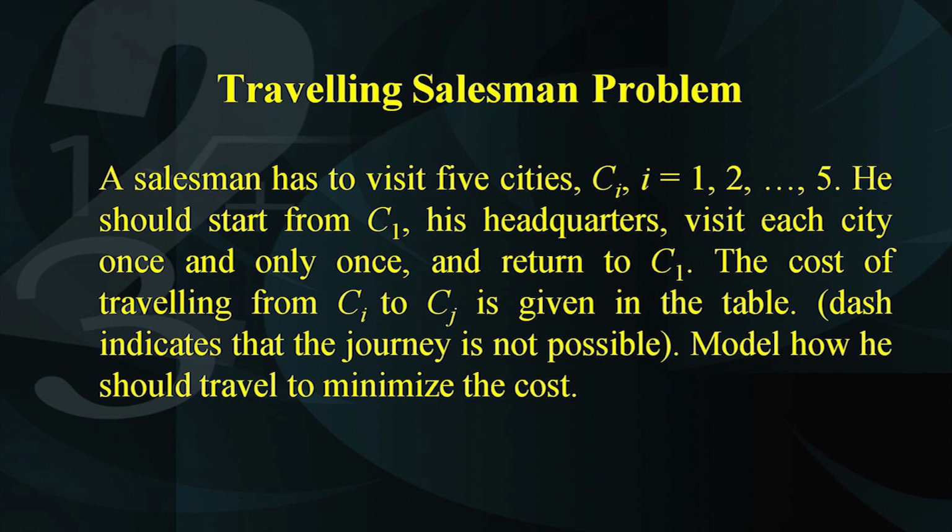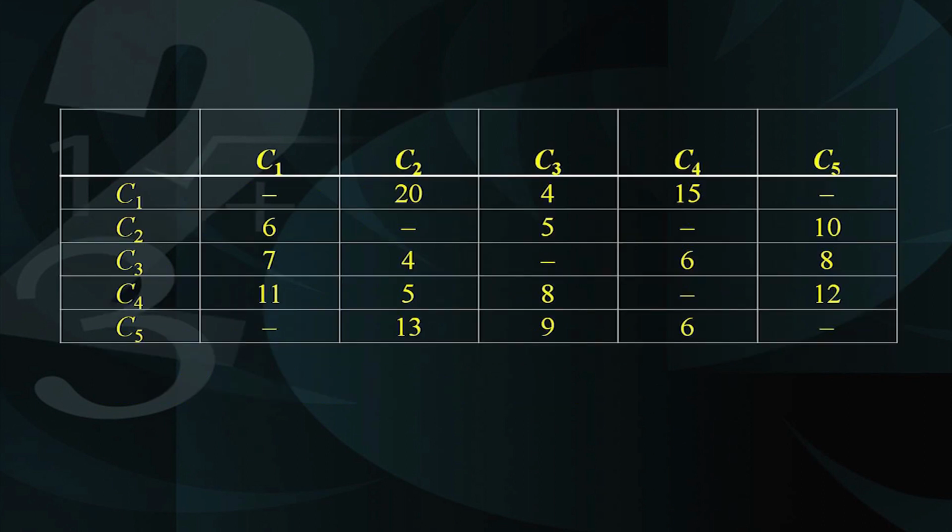Now, the cost of travelling from city Ci to city Cj is given to us. This is given in terms of, let us say, rupees or some units. The journey that he has to perform should be in such a way that the cost of travelling to each of the cities and returning back to the first city should be minimum. So, with this in mind, we need to model this problem as a linear programming problem.